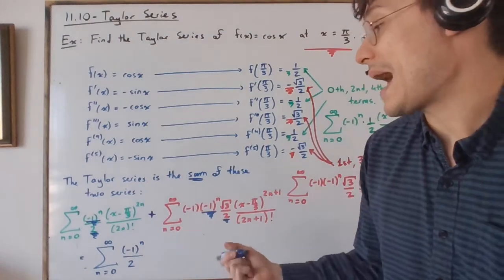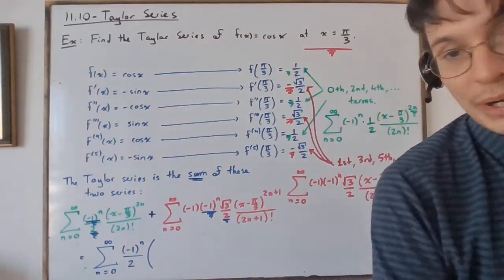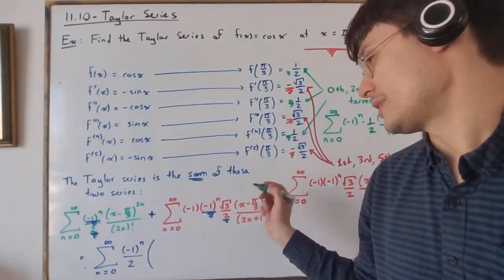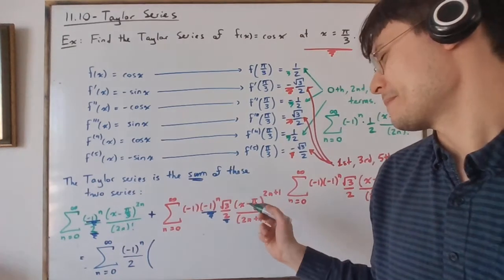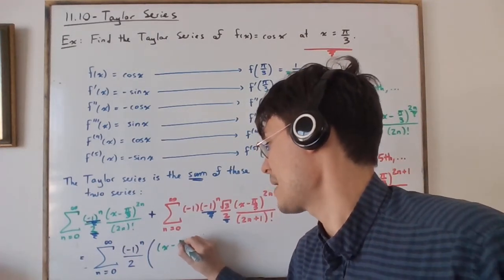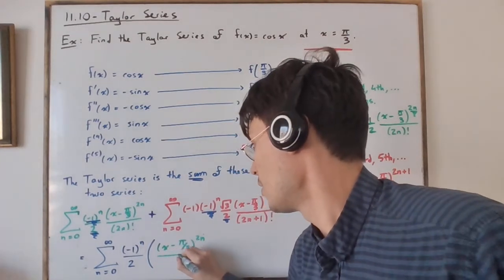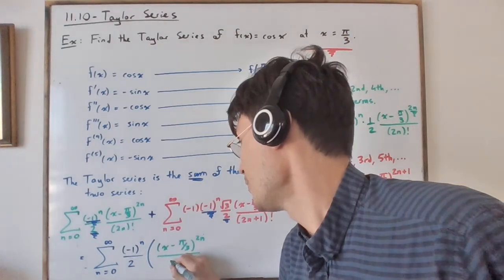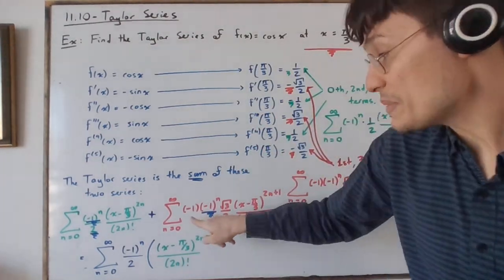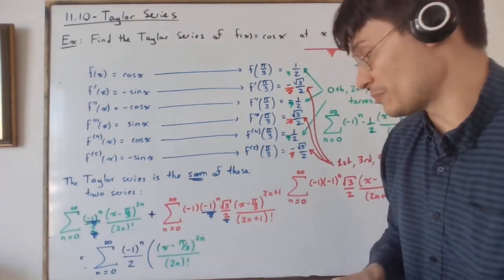But now we need to add up the rest. So we open a bracket. We add what's left of the green series that we cannot combine. So we're going to have x minus pi over 3 to the power of 2n over 2n factorial. And now be careful of that extra negative 1, right? That is not common to both terms.